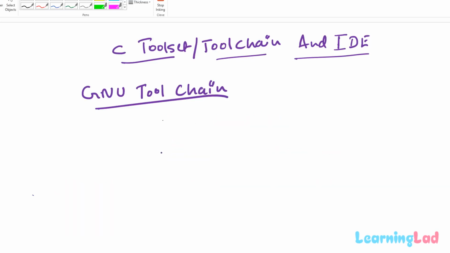The GNU toolchain is available in all Unix-based environments, but in the Windows operating system you have two options to get it. You can install MinGW or Cygwin, and both provide the GNU toolchain in Windows.